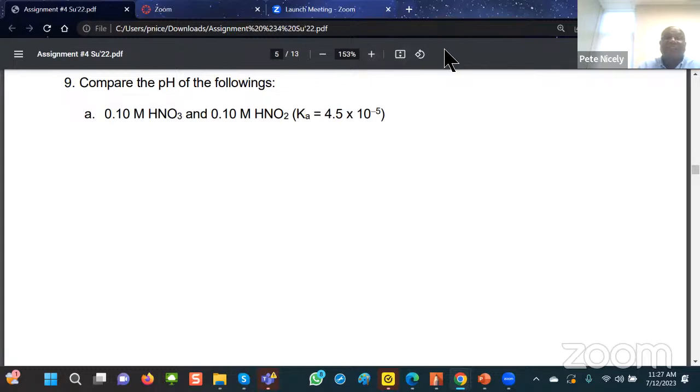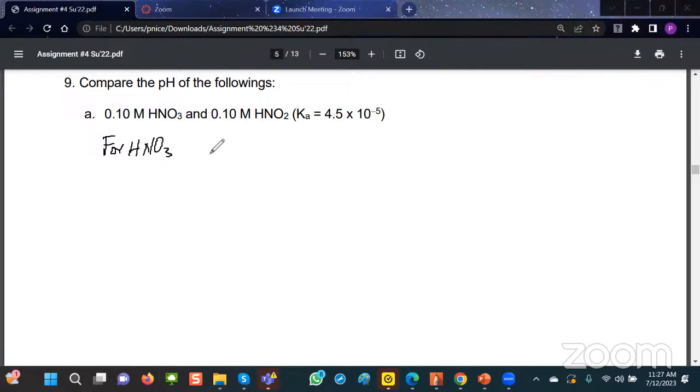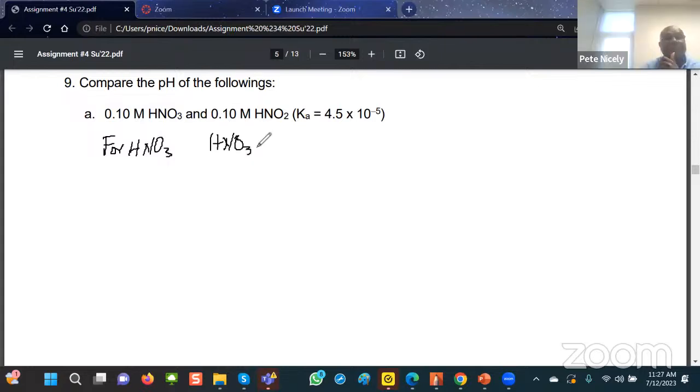All right, so let me go to my writing thing again. So let's find the pH of nitric acid. How would you find the pH of nitric acid? So I'm just going to write here HNO3. How do we find the pH? You can write the equation, see that it's a 1-to-1 ratio, and then plug into the pH equation. H plus, NO3 minus, right?